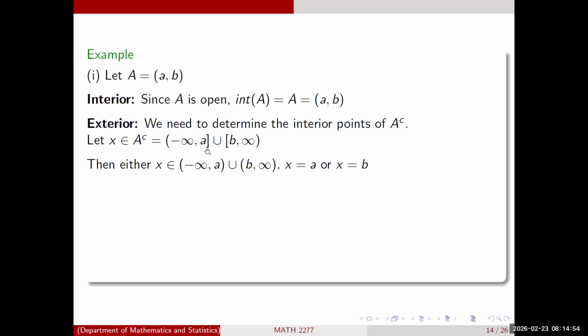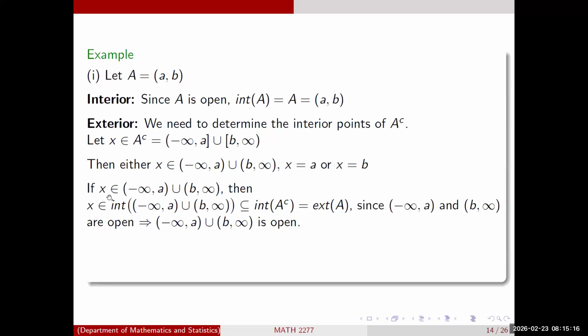So if x belongs to this set, then either x belongs to minus infinity to A union B to infinity, or x is equal to A, or x is equal to B. So we have three cases.